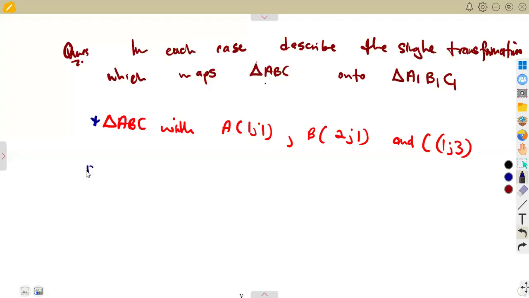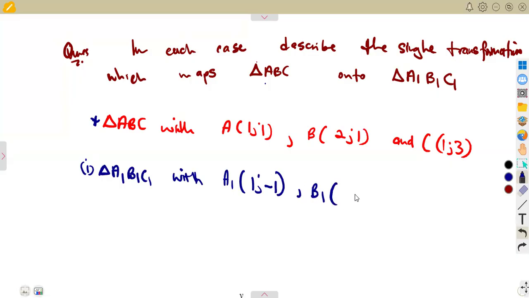All right, so let's start with the first image, triangle A1, B1, C1 with the vertices A1. Let's say A1 is (1, -1). Then we move on to B1, which is (2, -1), and C1, which is (1, -3).